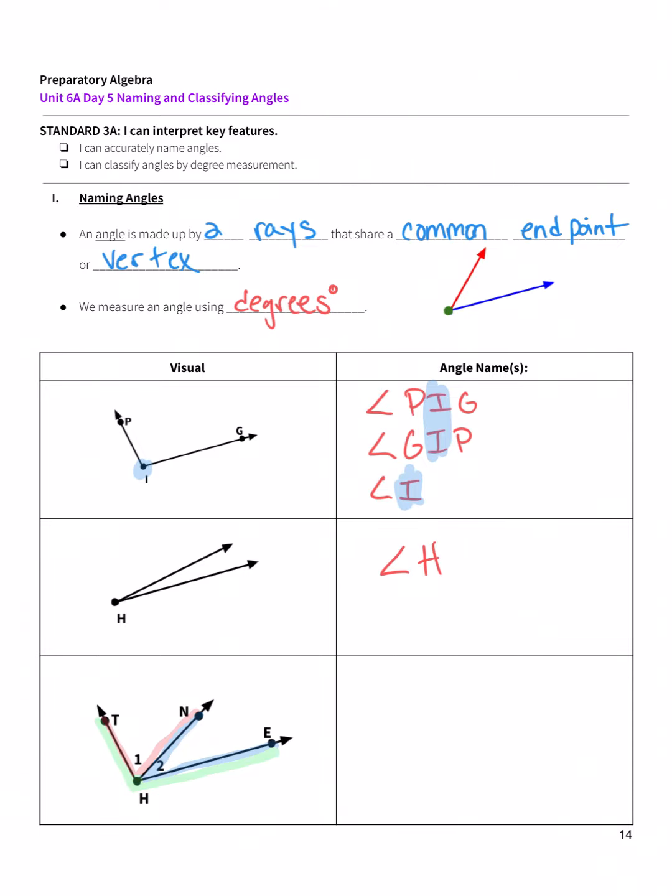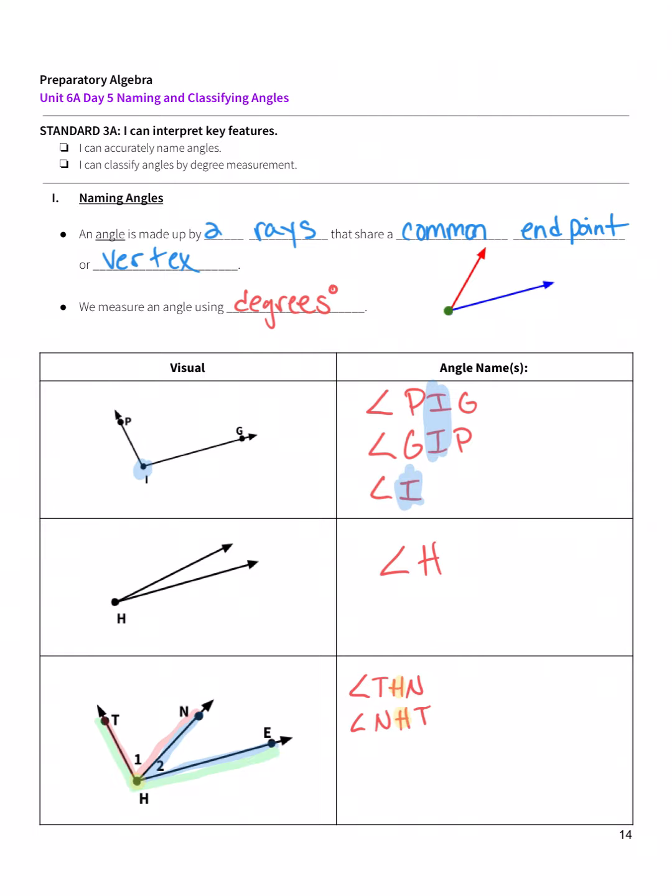Okay? So if I'm going to name my first angle, this would be angle THN. Or NHT. Remember that we need to have H in the middle, okay?